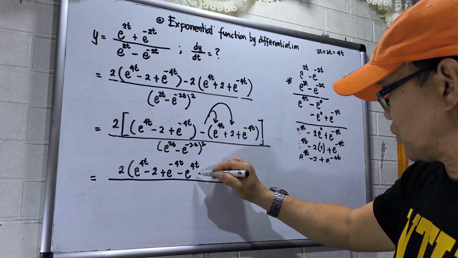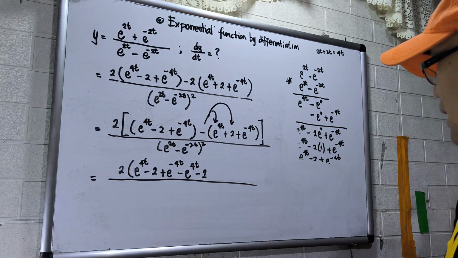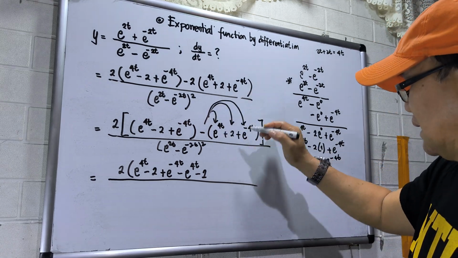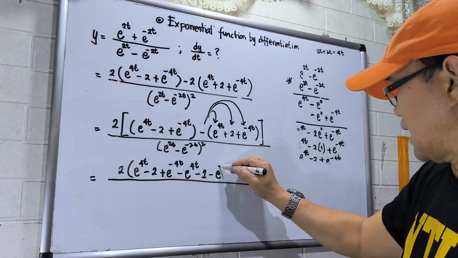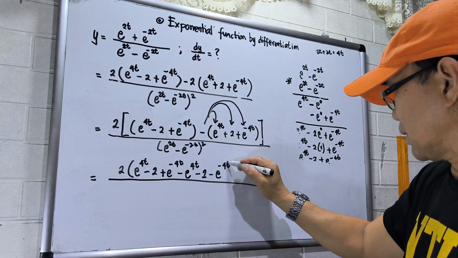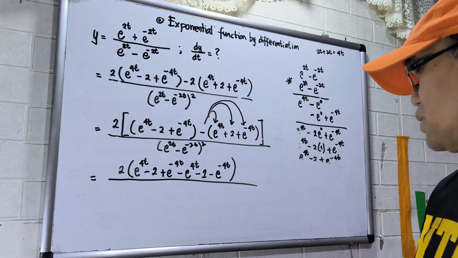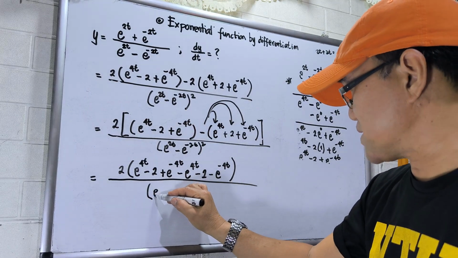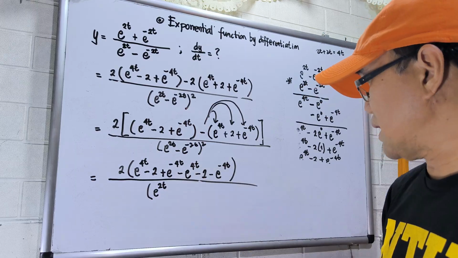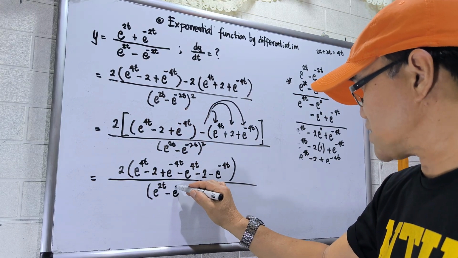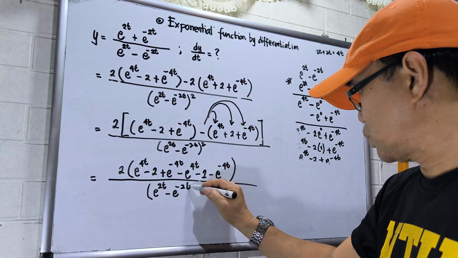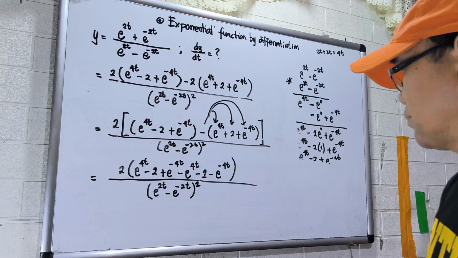Then, negative 2, right? Minus 2. Then, minus e to the negative 4t. This will be close. And then this will be over circle brackets e raised to 2t minus e raised to the negative 2t squared. Okay?